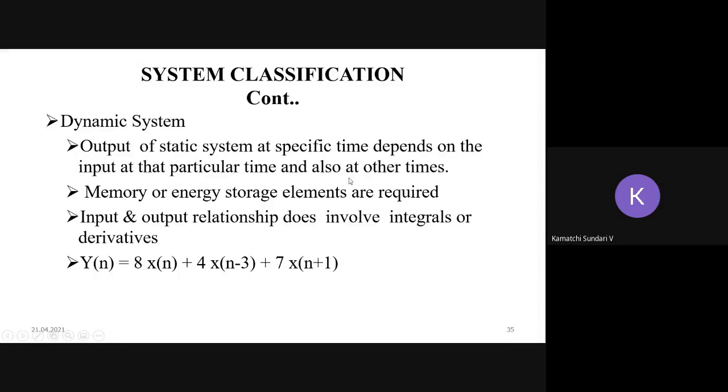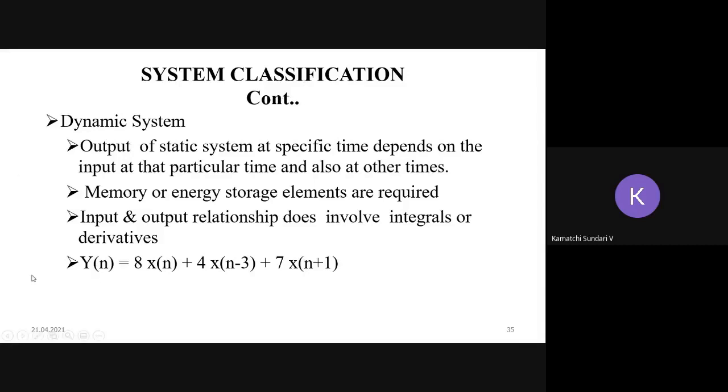So in that condition, always remember x of n is your present input signal, x of n is your input signal generally, and y of n is your output signal generally, and x of n is the present input signal, and x of n minus k is the past input signal, and x of n plus k is the future input signal.